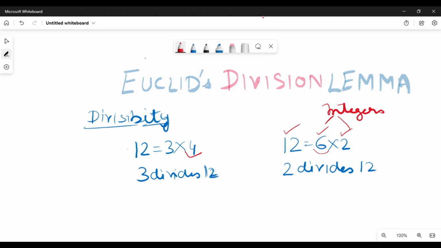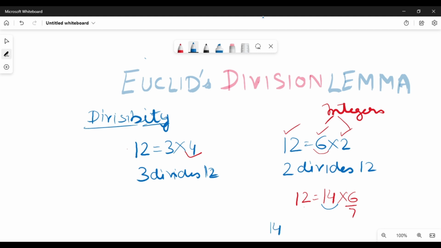Let me clarify this. If I write 12 as 14 into 6 over 7, now here I cannot say that 14 divides 12.